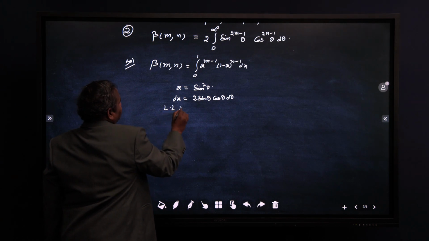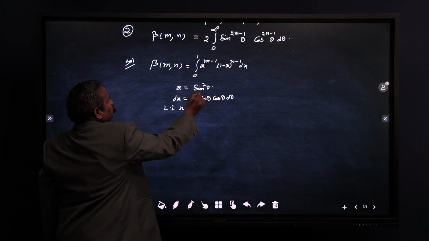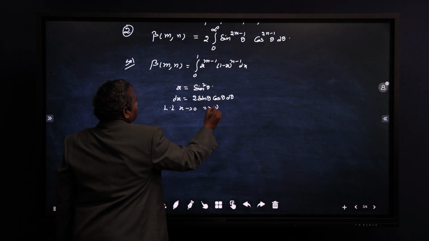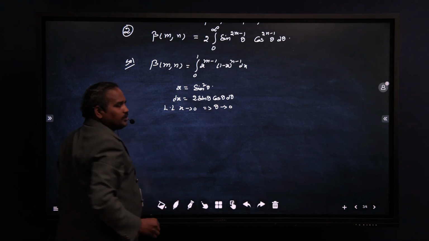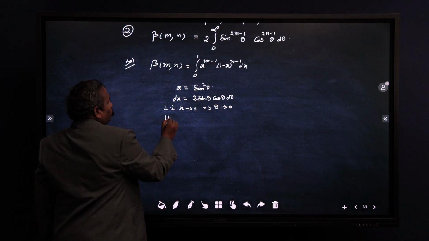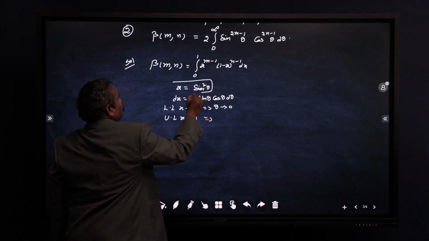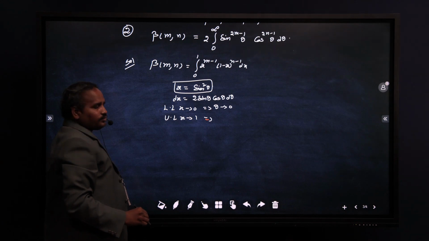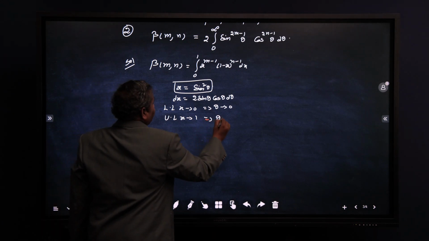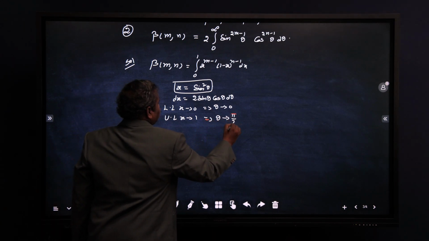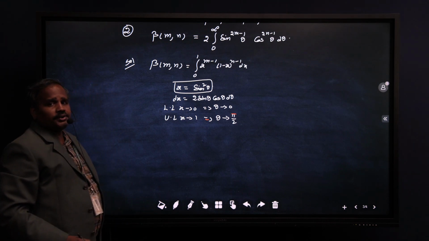Lower limit, x is 0, so sine square theta is 0, and when sine becomes 0, theta reaches 0. Upper limit, x is 1, so sine square theta is 1, that is sine theta is 1. When sine becomes 1, theta reaches pi by 2.